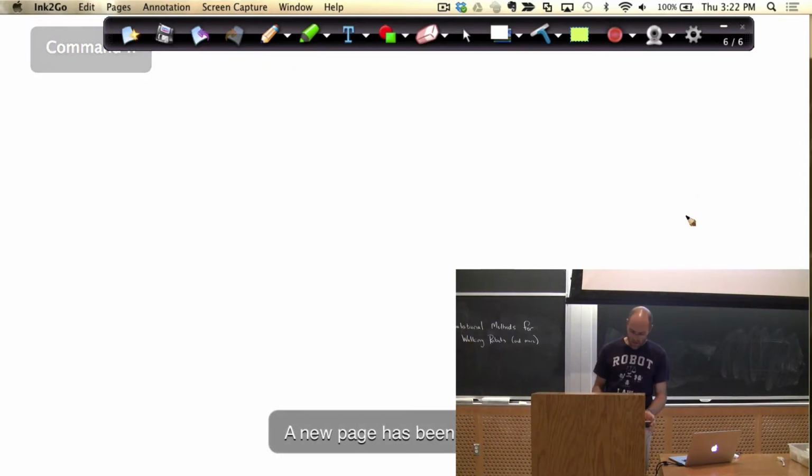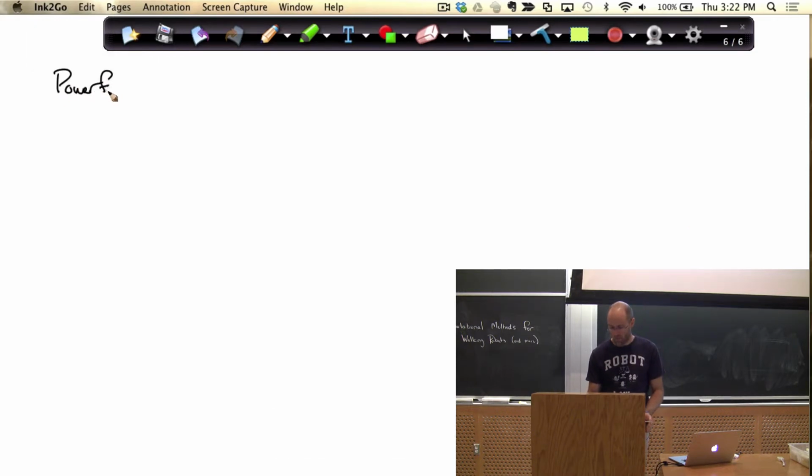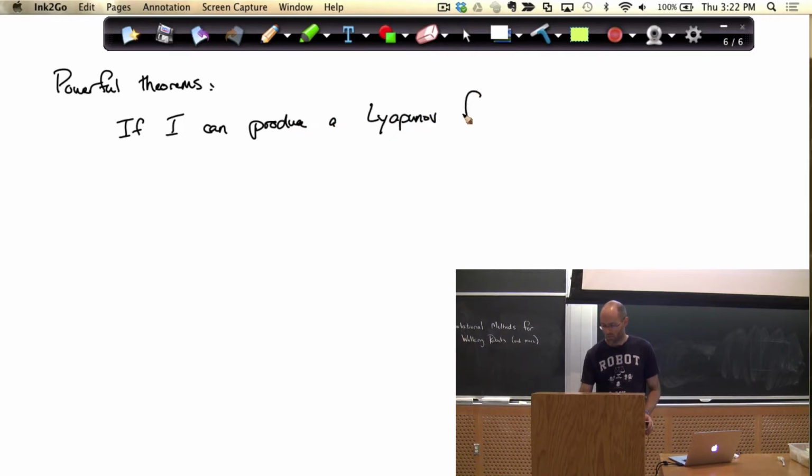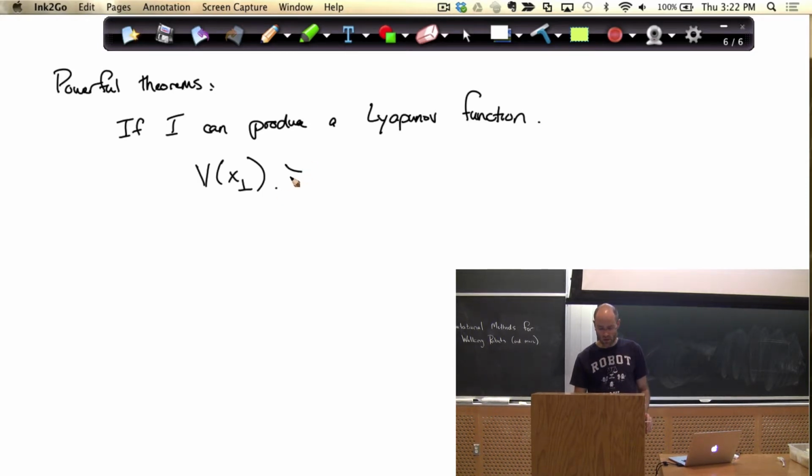So there are powerful theorems which say that if I can produce a Lyapunov function that's just a function of my transverse coordinates, which is, in general, greater than 0 when you get into all the Lyapunov arguments and variations thereof, with V dot less than 0 in the simple case.